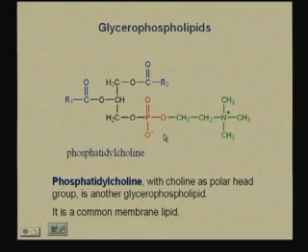Okay? So, these are the different types of glycerophospholipids that we can have. What you need to remember is the basic structure is a glycerol. You have two fatty acids R1, R2, you have a phosphate and the phosphate is linked again to another polar head group that is going to result in a polar head group to your lipid.